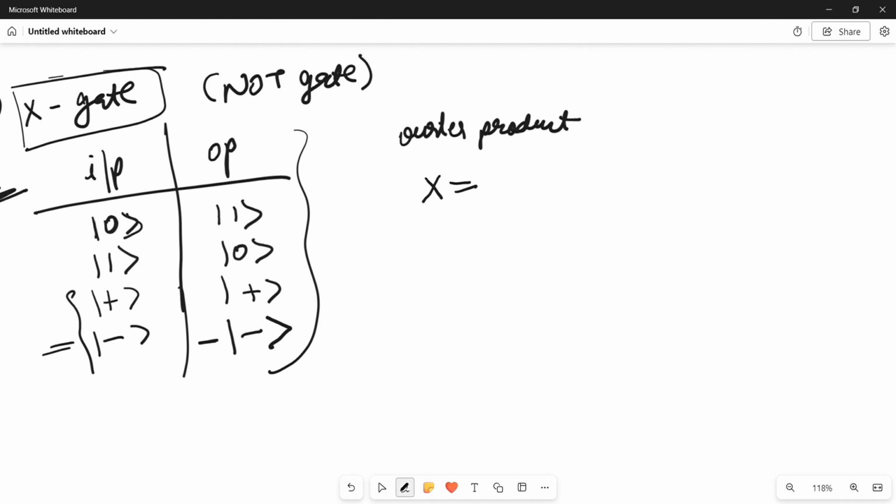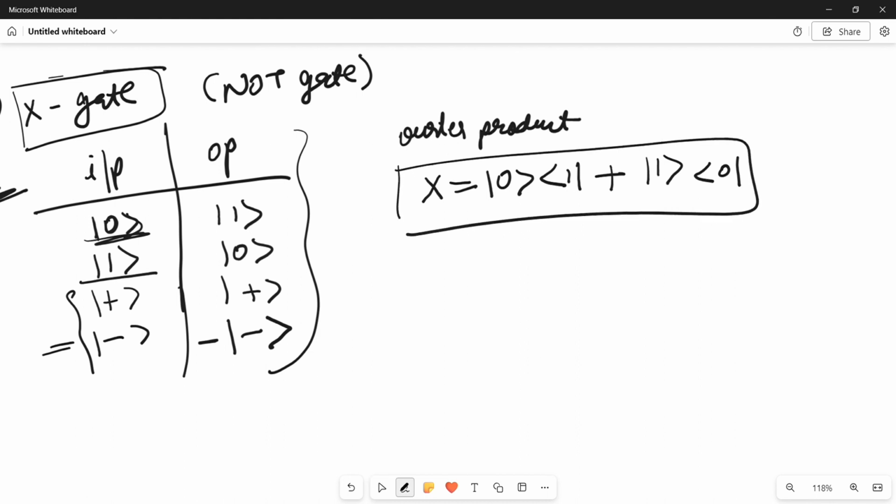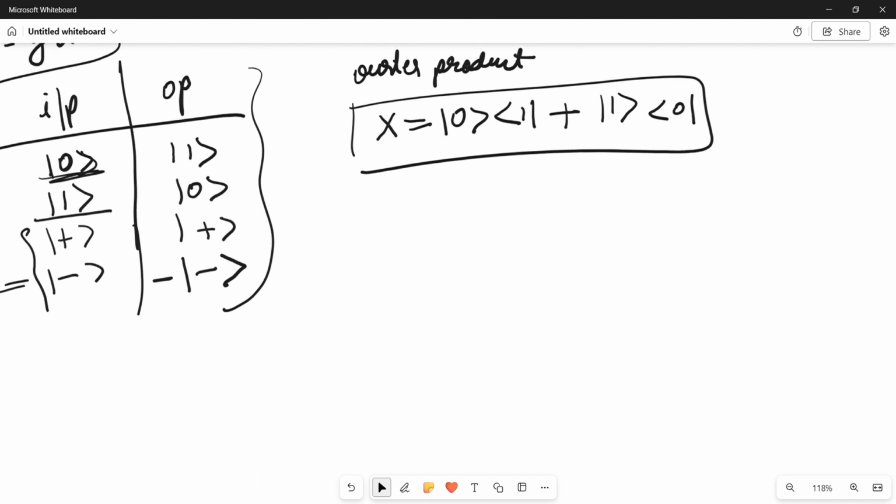Input 0, the first one. Let's start with ket 0. For the input I have written ket 0, and the output I'll write in bra notation. So ket 0 bra 1 plus, for the second input, ket 1 bra 0. This is the only thing. This is your outer product, and using this we'll derive a matrix.